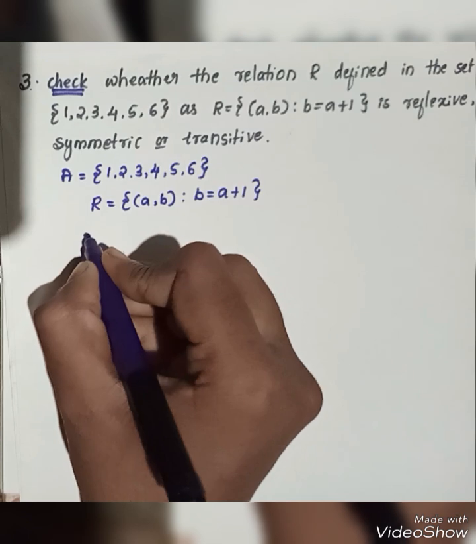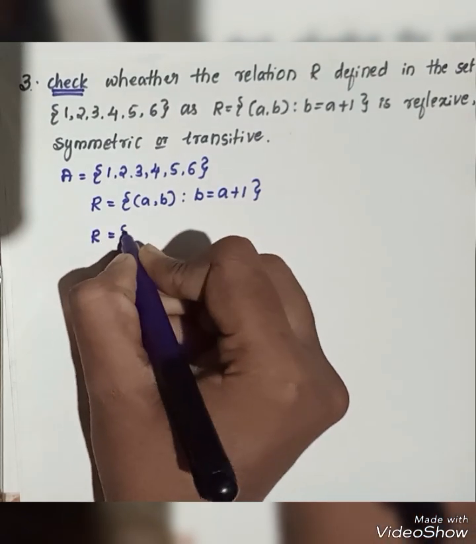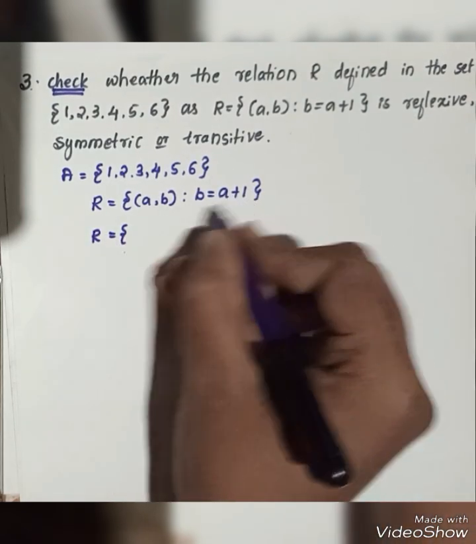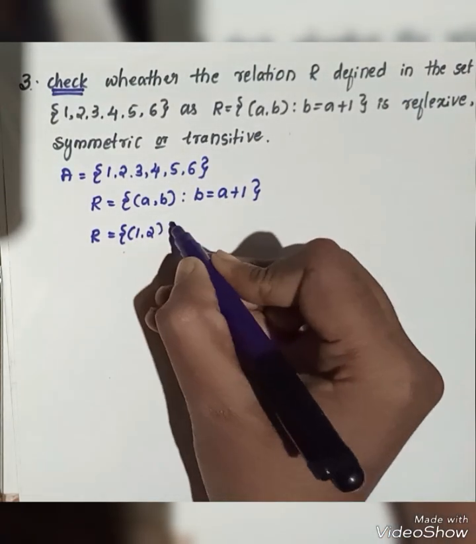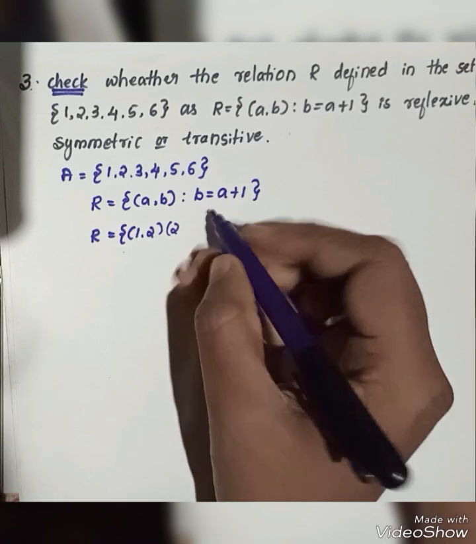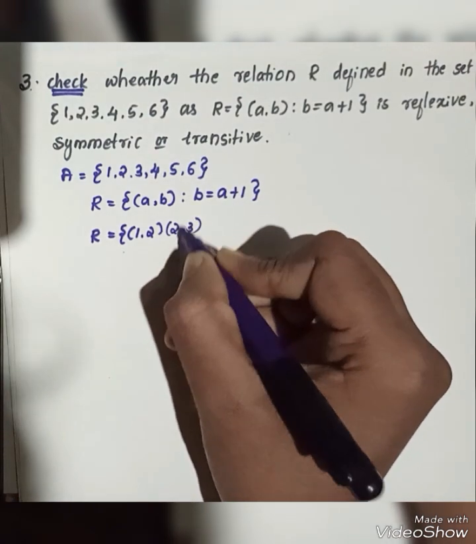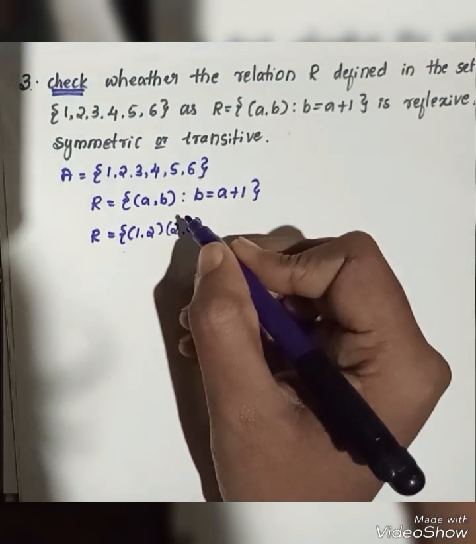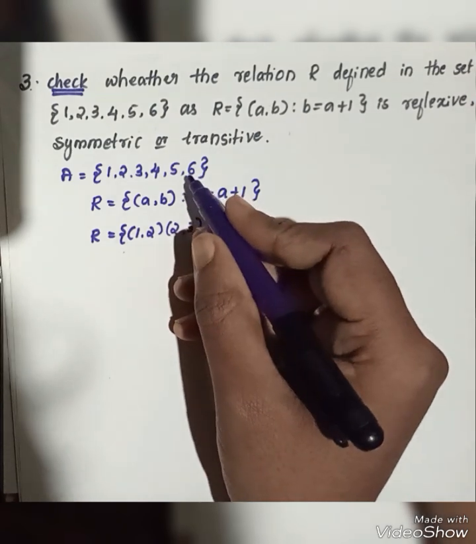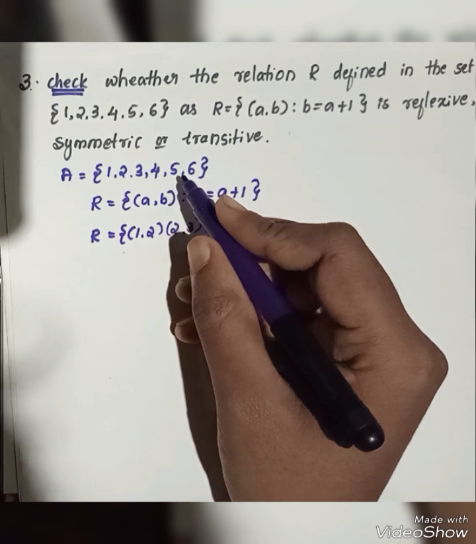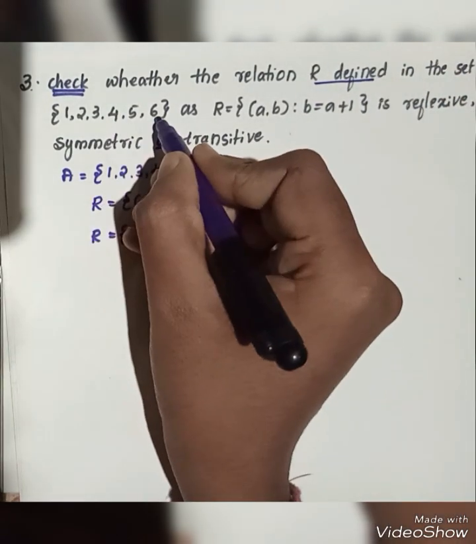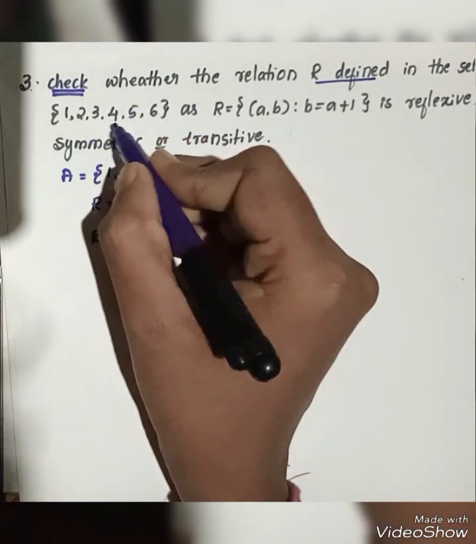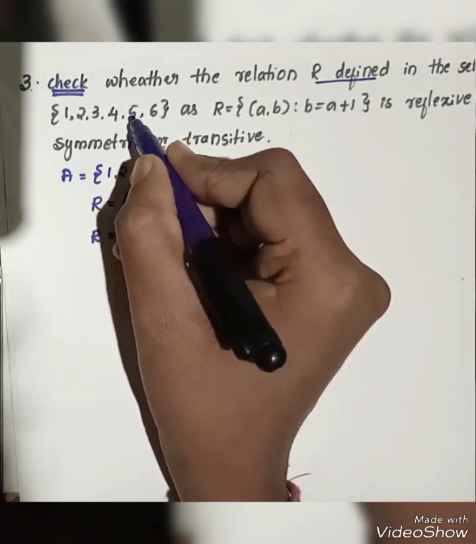Now write the relation. R: when a is 1, b is 2. Again, for a is 2, it is 3, up to 6. We have to write up to 6. But here the relation is defined on the set, so the a and b values must be 1, 2, 3, 4, 5, 6.